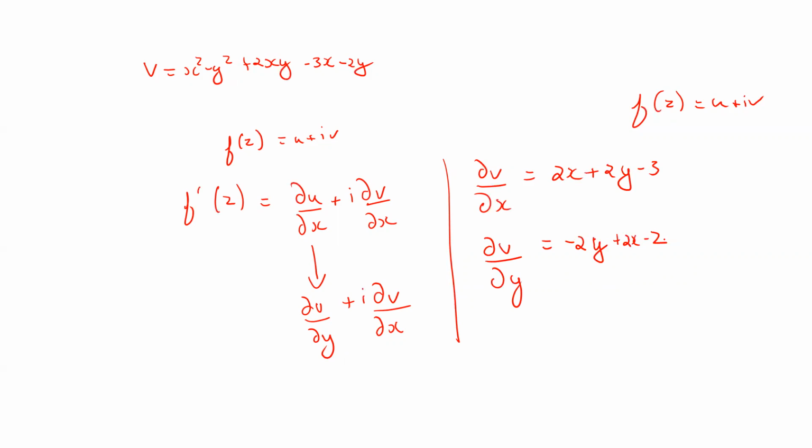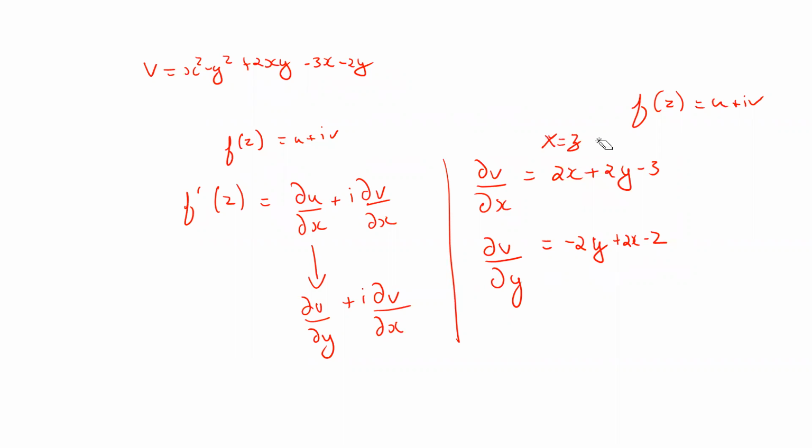Now this is what we'll do: we put y equals 0 and x equals z. Wherever x is there, you put z, and wherever y is there, you put 0.